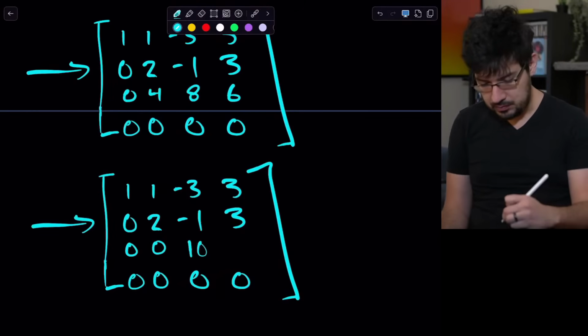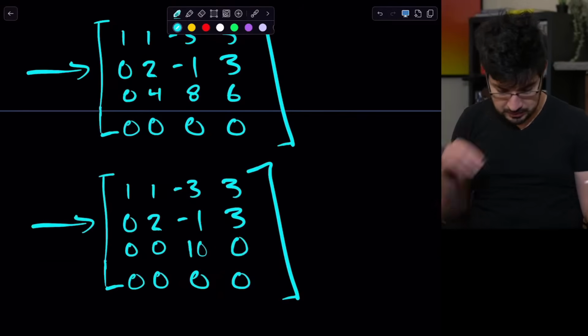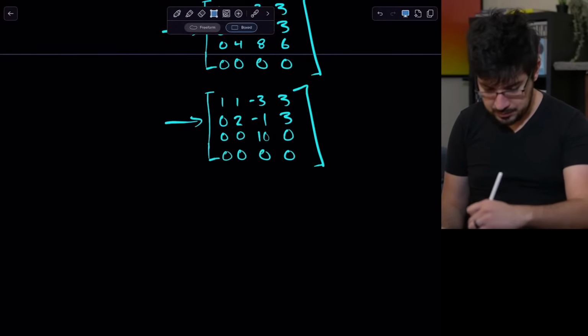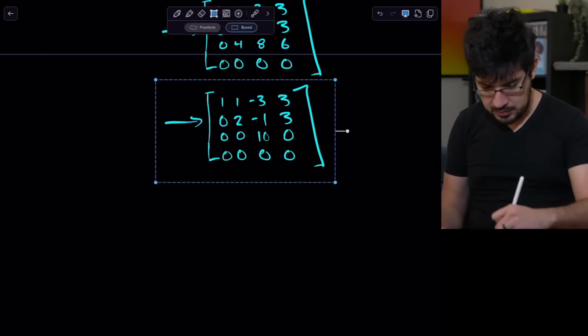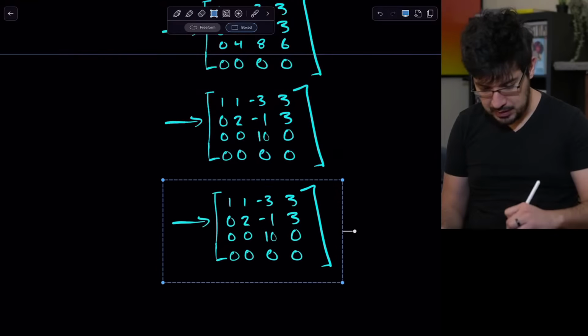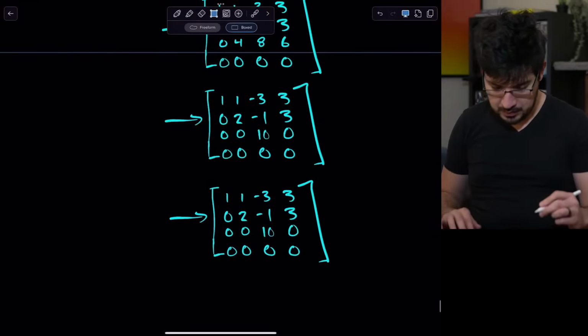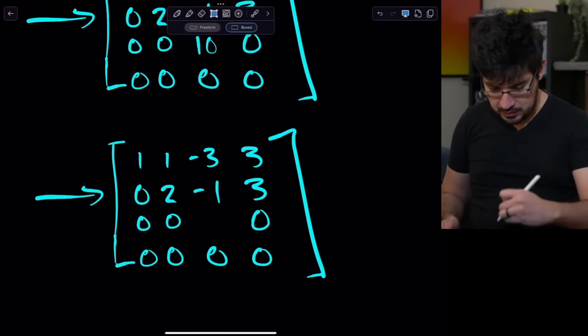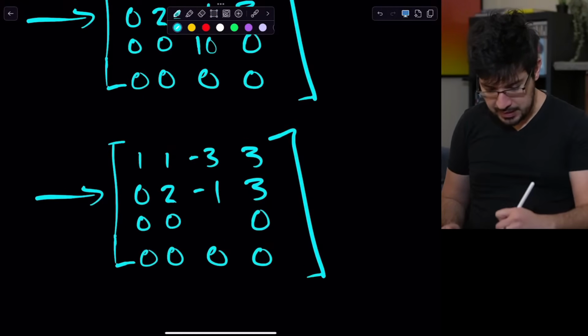And 6 minus 6. Right? Cool. Let's keep doing this nice fancy duplicate feature. Now I'm going to divide this row by 10.